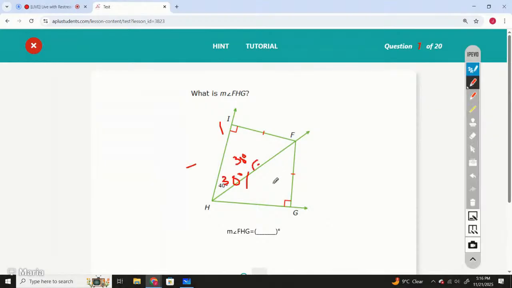IH is similar to HA and FG is similar to FI. So that means they have the same angle.